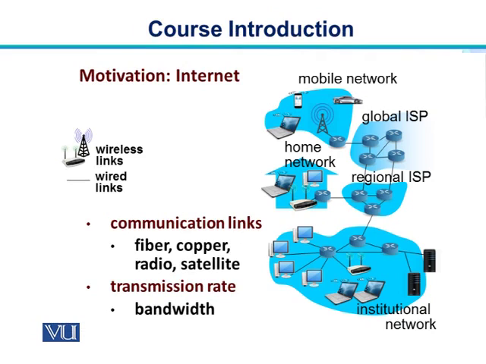Once again, the same slide. We have shown here the wireless links and the wired links, and different communication links, which can be fiber, copper, radio, or satellite. Then the transmission rate is also very important for us, which is the bandwidth. We measure the transmission rate using bits per second.